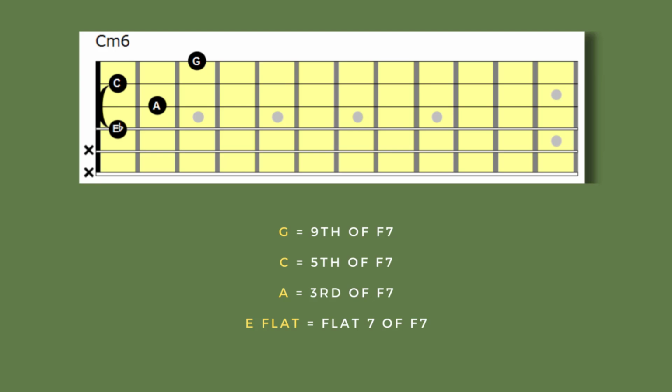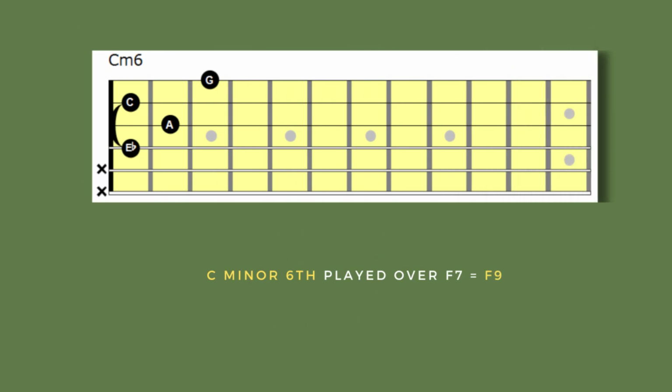The G on the first string would be the ninth of an F7th, the C would be the fifth, the A on the third string would be the third of F7th, and the E flat would be the flattened seventh. In short, when the C minor sixth is played over an F7th chord, the resultant sound that's produced is that of an F9th.